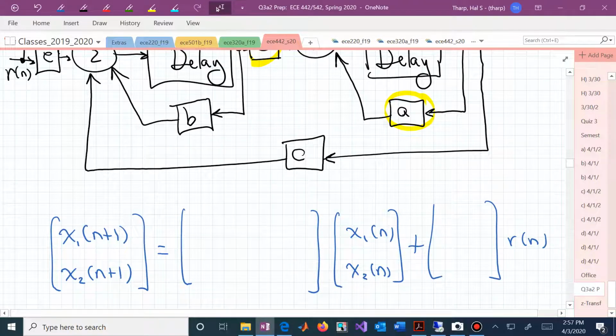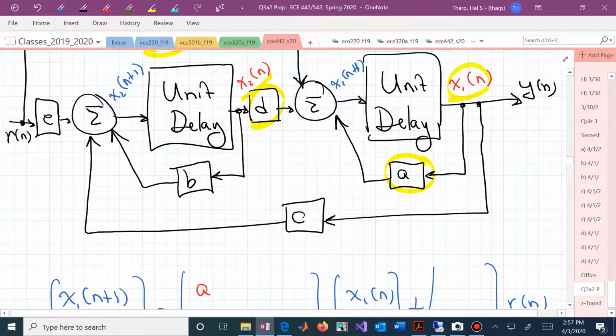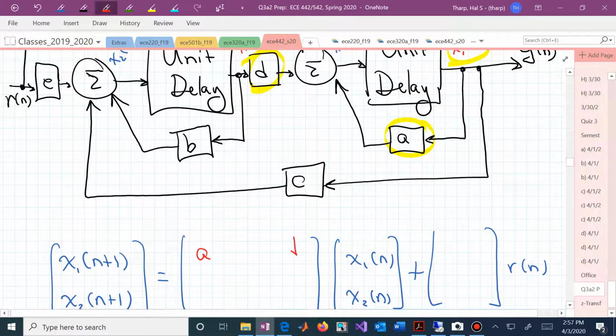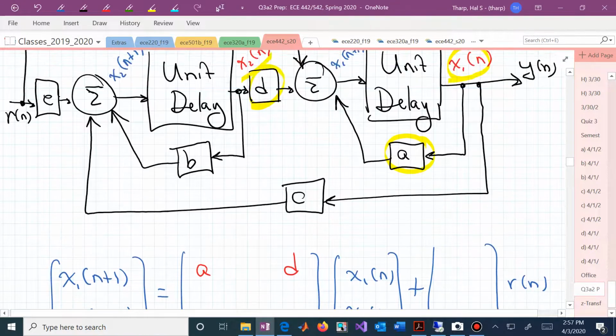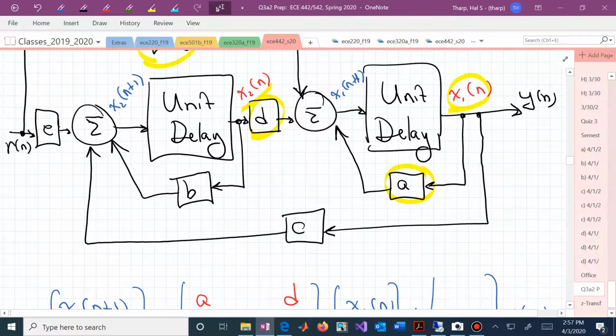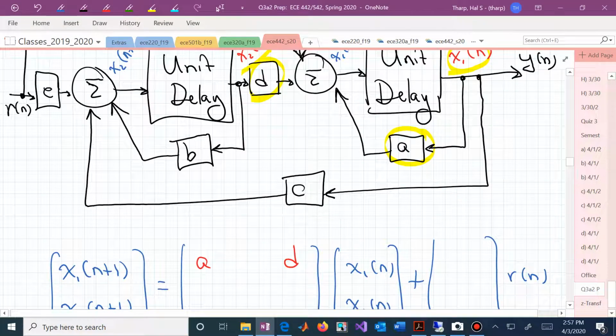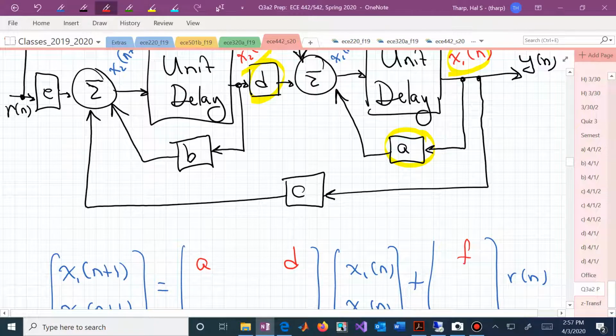So in this case, what did I just say? It was a times x sub 1 of n plus d times x sub 2 of n plus f times r of n.